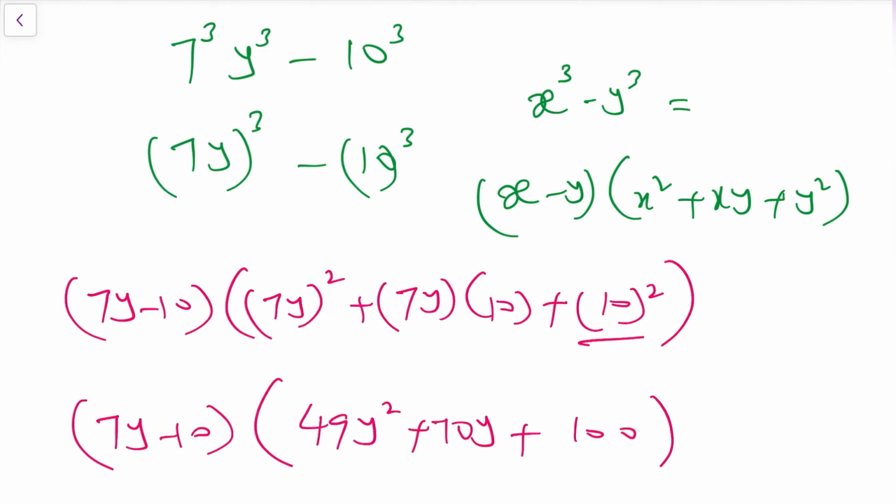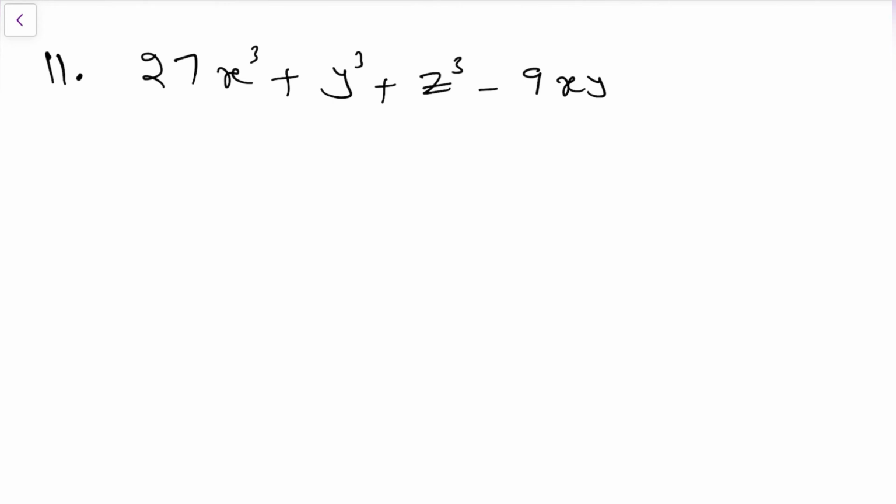Okay, next let us move to the bit number 11. Here the question number 11 is factorize 27x cube plus y cube plus z cube minus 9 into x into y into z.